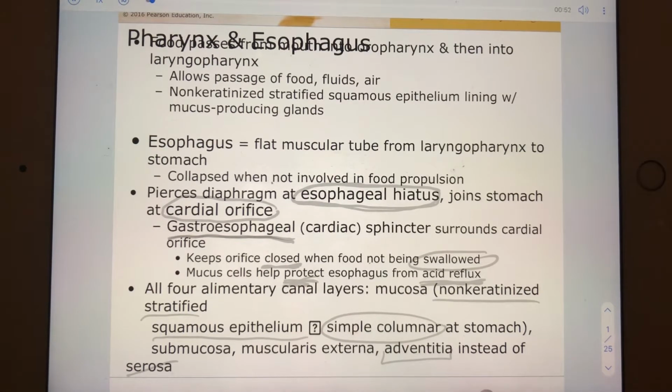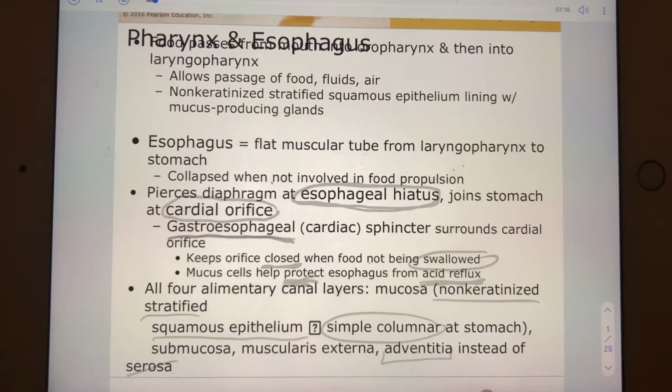And at the top of the esophagus, where it is sort of transitioning off of the pharynx, we have a sphincter. At the base of the esophagus, between esophagus and stomach, we have another muscular sphincter.